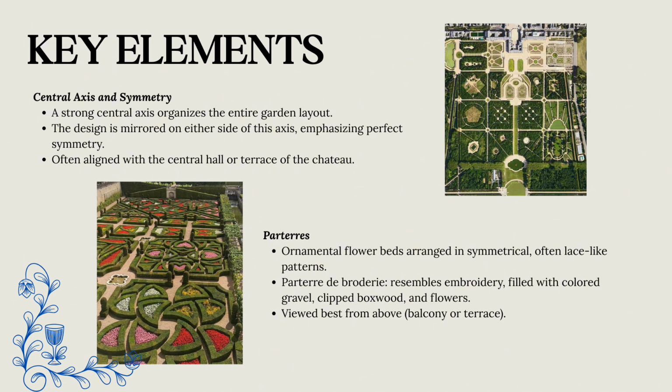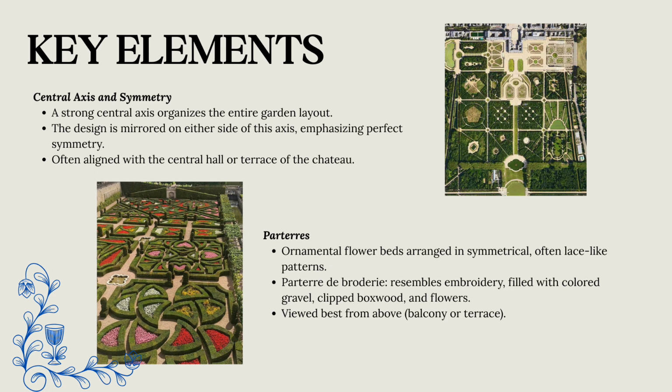As you can see in the picture on top, it is very symmetrical, and the layout is perfectly mirrored and aligned with the central hall, or we could call it our focal point. For the parterres, you can see on the bottom left ornamental flower beds arranged in symmetrical, often lace-like patterns.